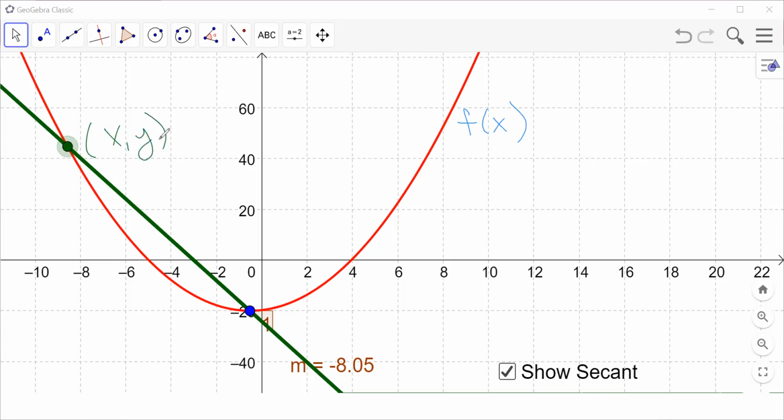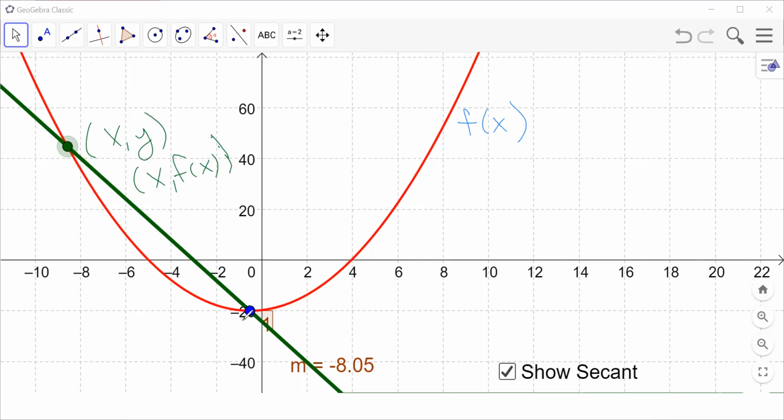But I want to be a little bit smart about the y. The other way to write that is x, comma, the function at x. Those two things are the same. So that's what I'm going to call that green point up there: x, comma, f at x. And I need you to remember that f at x really means our output at the point x.